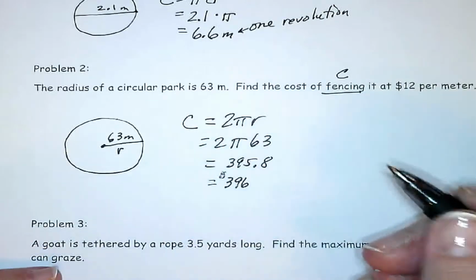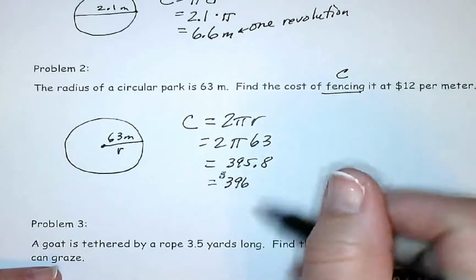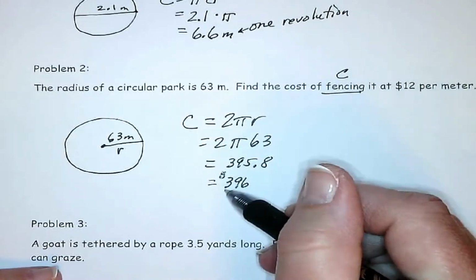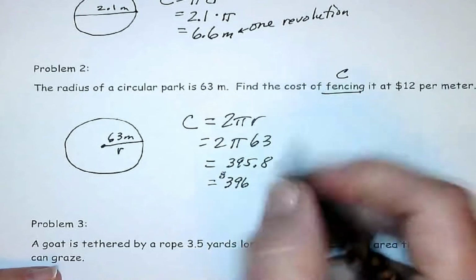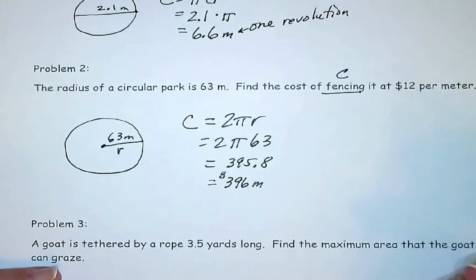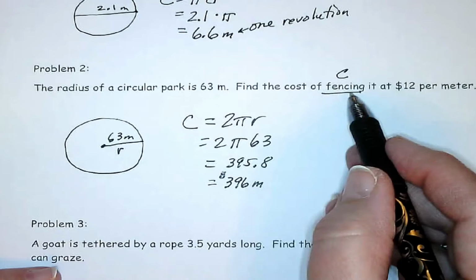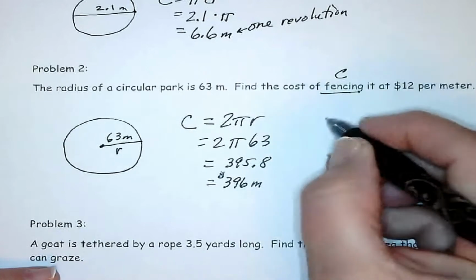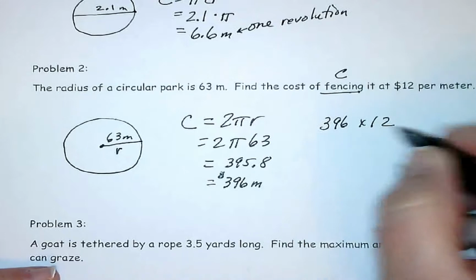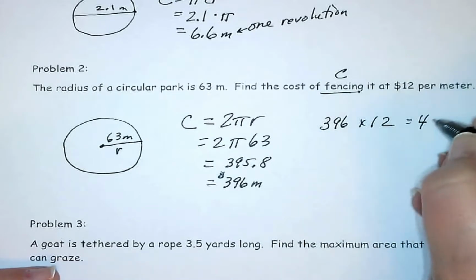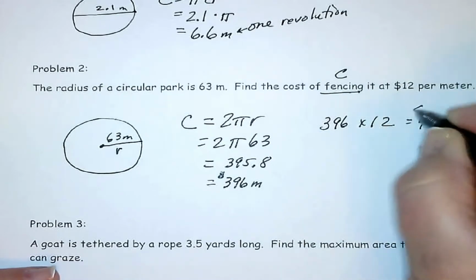But this is kind of a practical application problem. So it's going to go one time around. It's going to be 396 meters. That's how much fencing I need to buy to go one time around the park. Each meter is $12. So 396 times $12 is going to be $4,752.